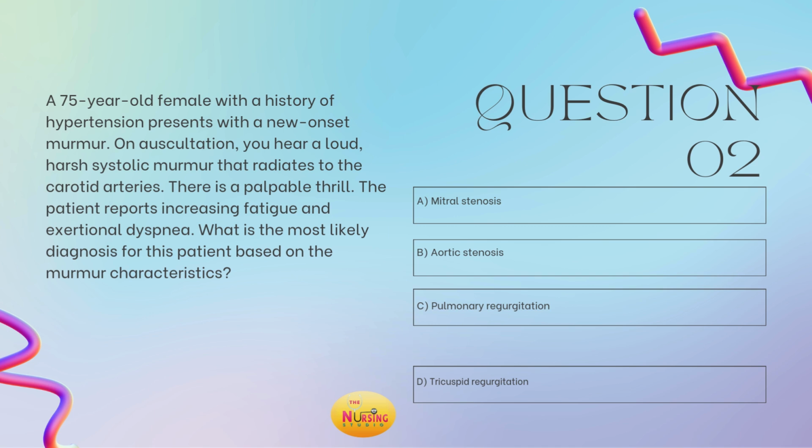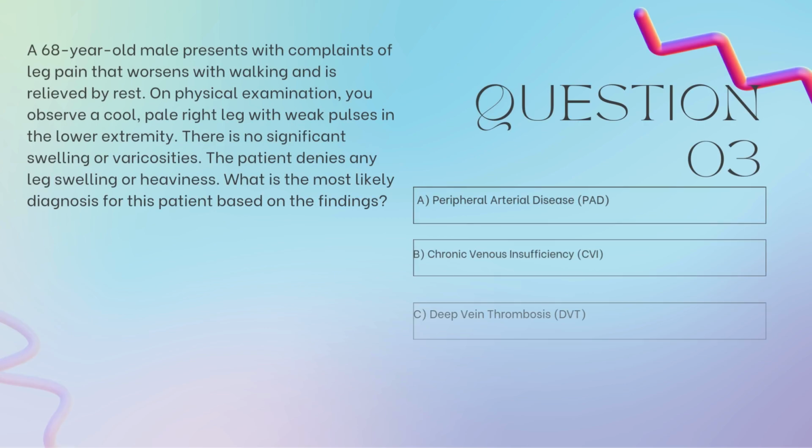Imagine the location. Whereas mitral is at the fifth intercostal space, it's lower down, so it radiates to the axilla. So telling you that it radiates to the carotid lets you know it's aortic. So now you go back to the systolic style murmurs, your mitral regurgitation and your aortic stenosis, right? So your best answer is B, aortic stenosis.